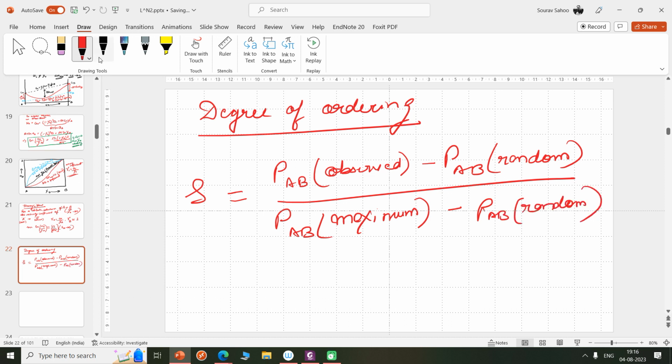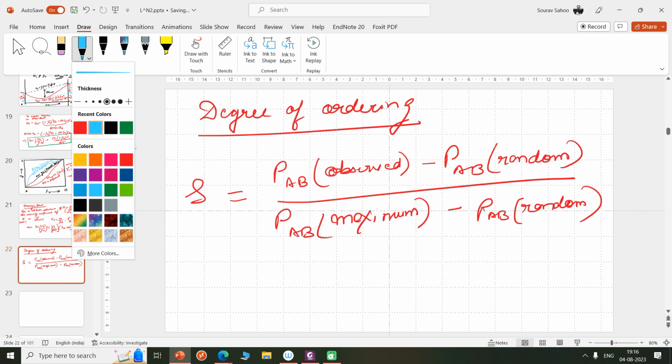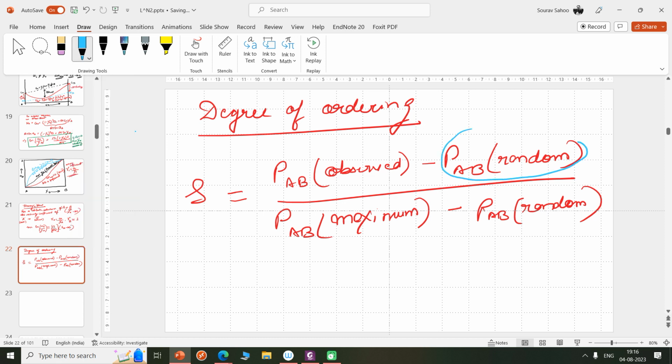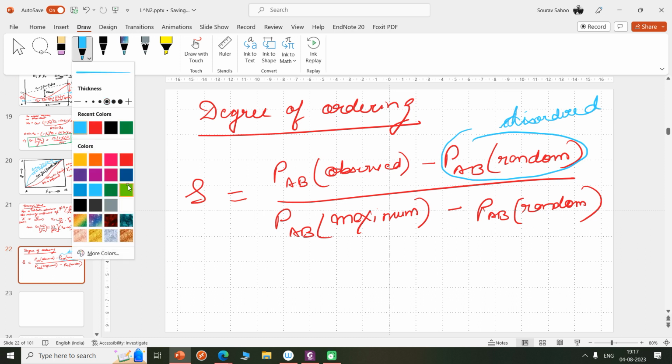Okay, and this thing is completely the disordered part of it, and this thing here is the complete ordered part.